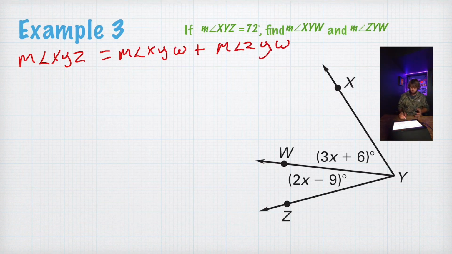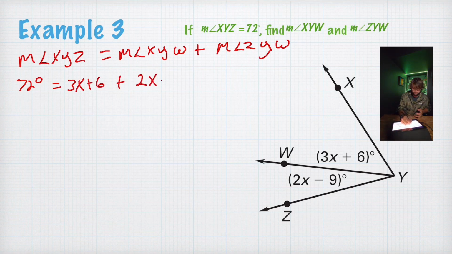Okay, so let's go ahead and plug in our information. XYZ equals 72 degrees, okay? And that's going to equal 3x plus 6 plus 2x minus 9. Okay? And now we just need to solve this. So we're going to start out by combining our like terms.